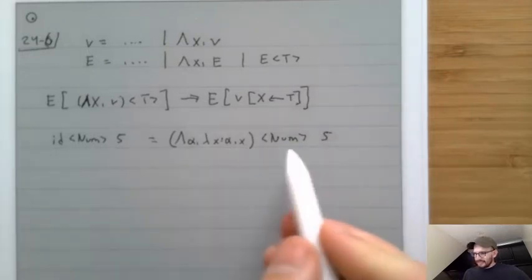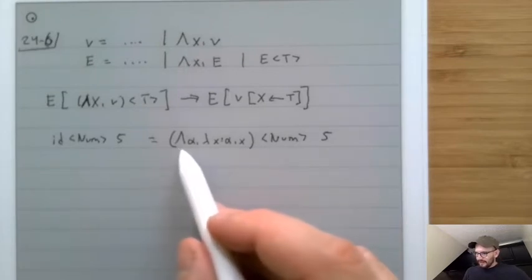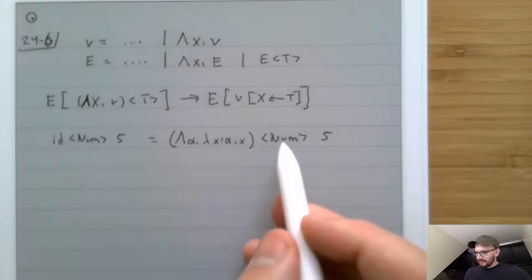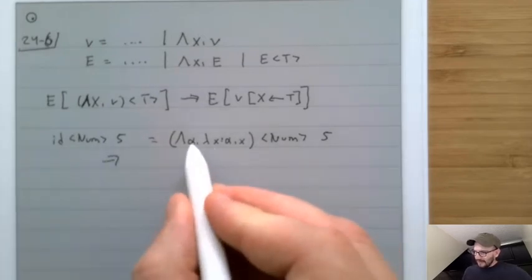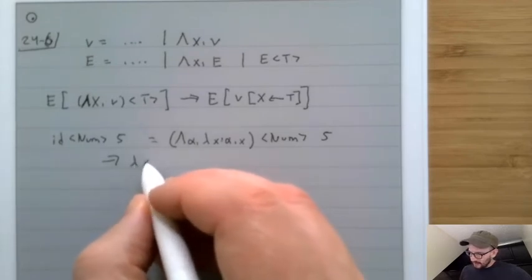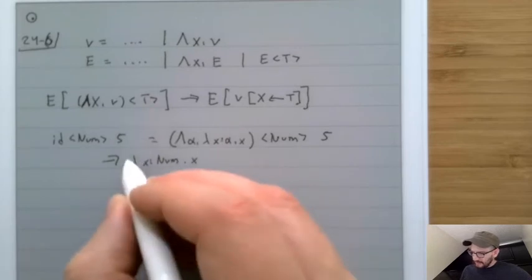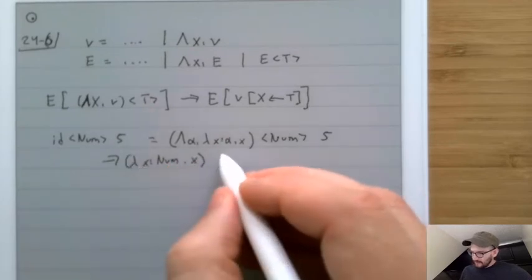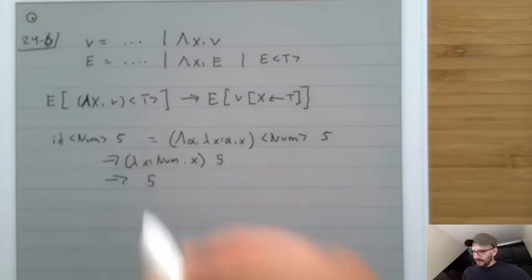So this thing isn't a value. This thing is a value because that's a value inside there, so that means that we go and we reduce this by finding all of the alphas and replacing them with number. So we would get lambda x number x. And then we would have the 5 there, and then that would run and become 5.